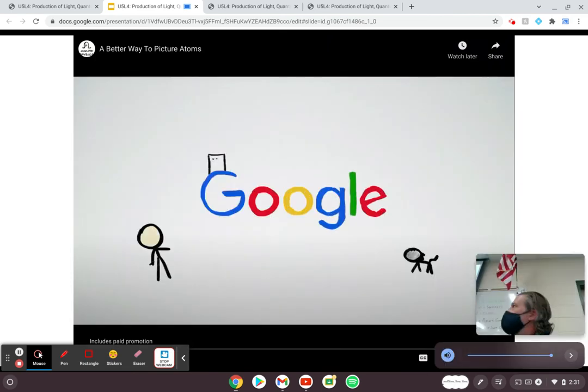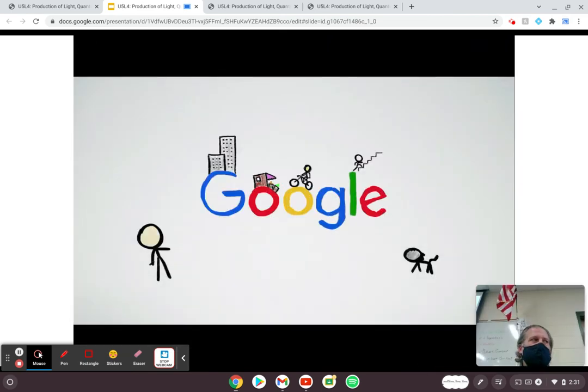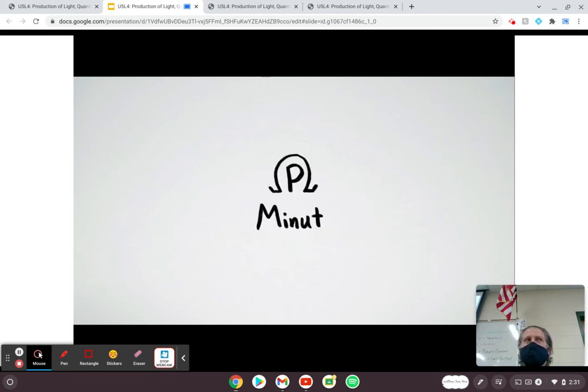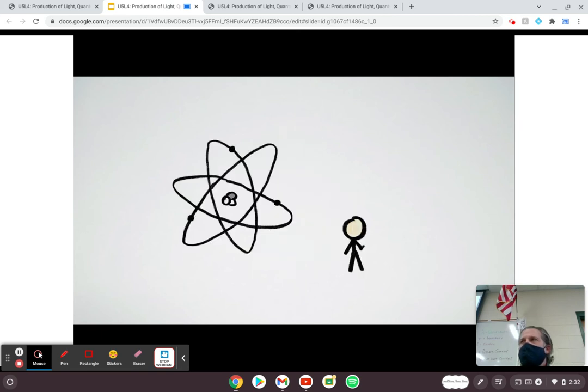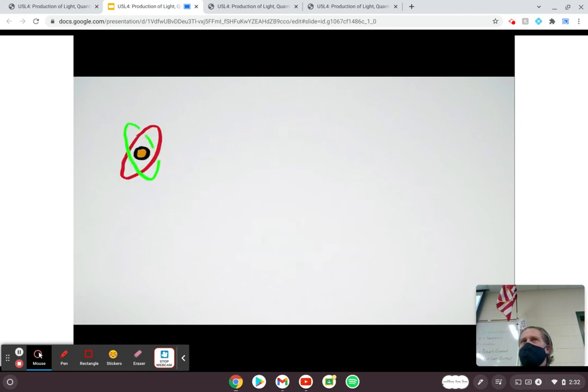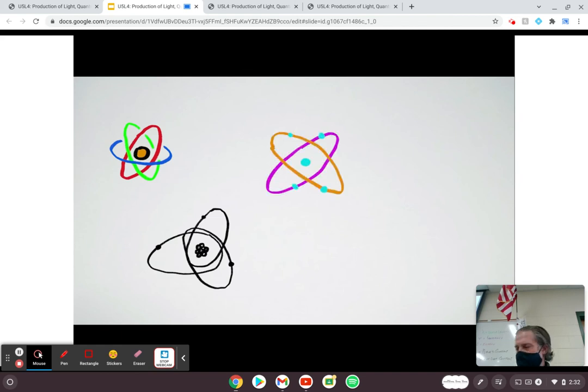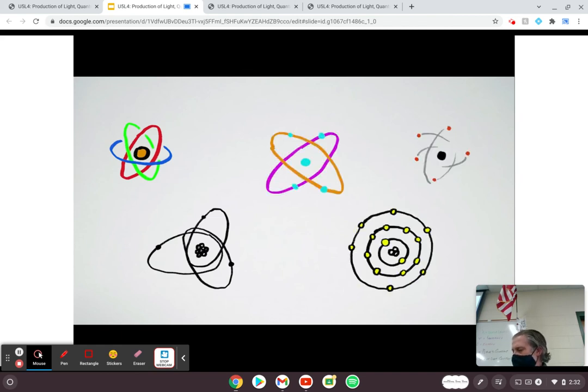But it's what an atom really looks like. Just stay sitting.